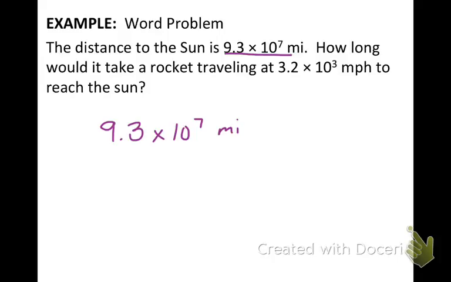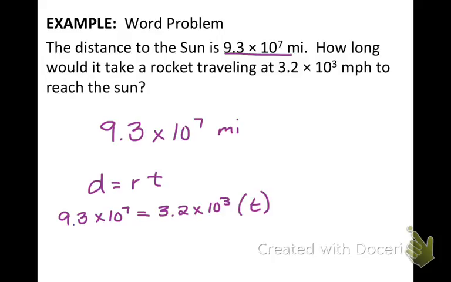Well, what's our distance formula? Distance equals rate times time. What number is going to go in place of distance? The 9.3 times 10 to the 7th. What's going to go in place of rate? 3.2 times 10 to the 3rd. And what's going in place of time?